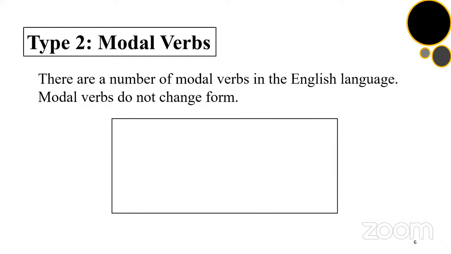Yes, Kana, tell me. What are modals? Well, you can list the words. That's enough. Yes, you can list the words. What are the words we have seen in modal verbs?